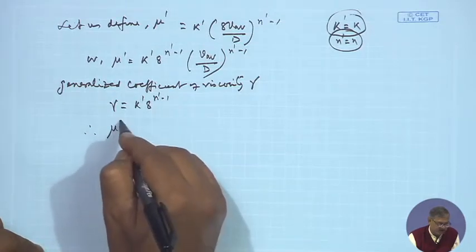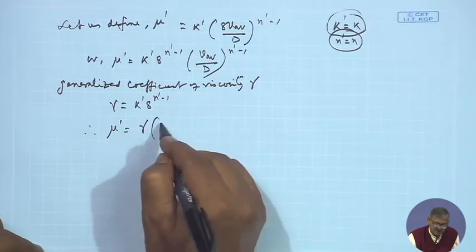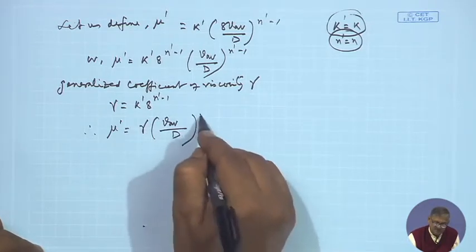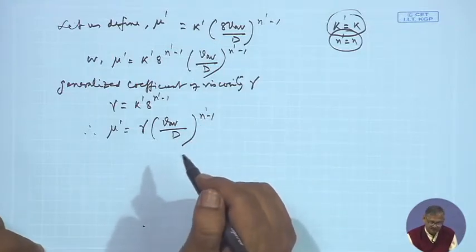Therefore, we can write mu prime is equals to gamma V average divided by d to the power n prime minus 1, right.